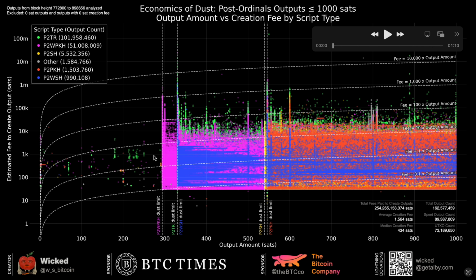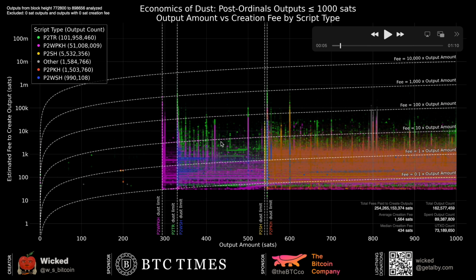If we lower the opacity like this, we see the density patterns emerge, and these indicate where most of the outputs have been created.